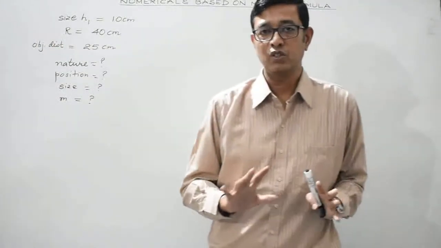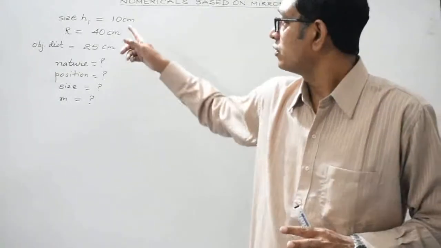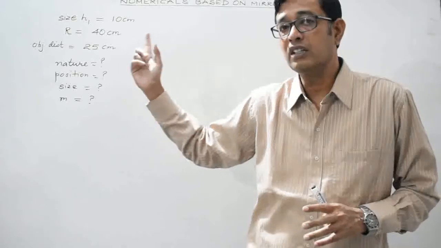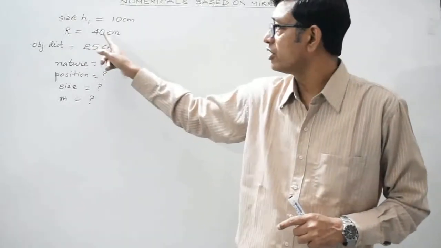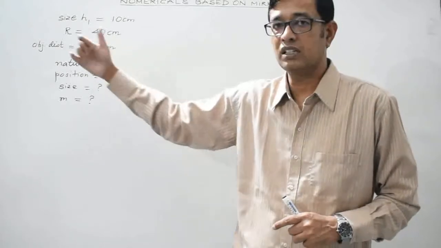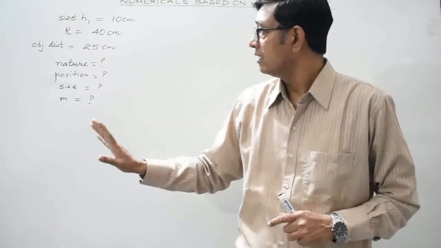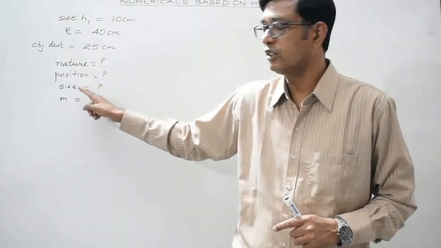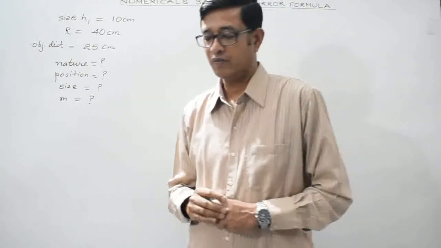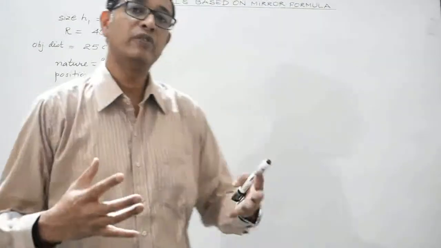Again I am repeating the question. An object of size 10 centimeter is placed in front of a concave mirror of radius of curvature 40 centimeter at a distance of 25 centimeter from the concave mirror, right? Find the nature, position and size of the image and also determine the linear magnification. So students, how to proceed with such questions?